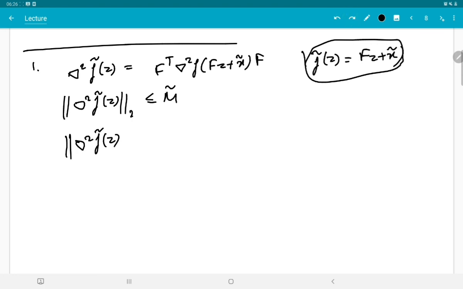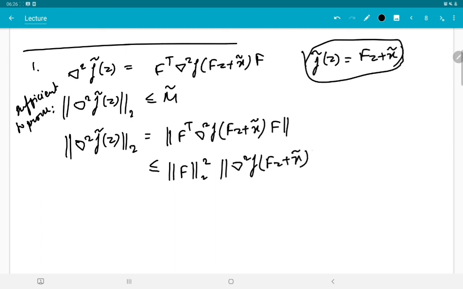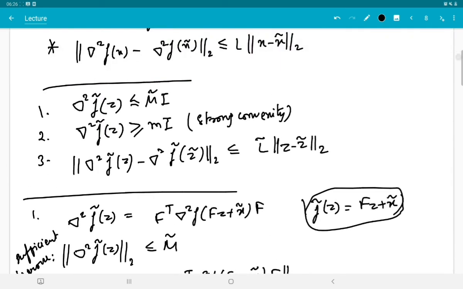So this is equal to F transpose del square f of Fz plus x tilde F, and by Cauchy-Schwarz I have this.